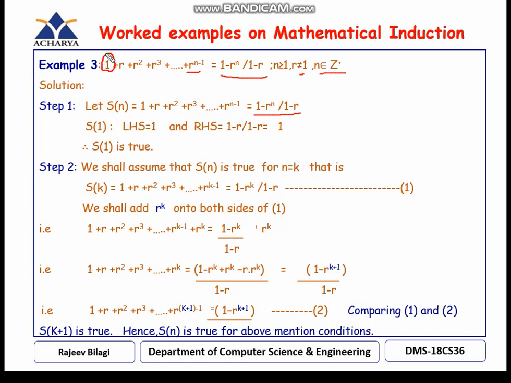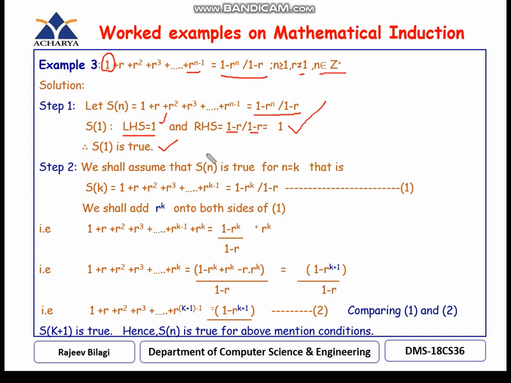LHS equals 1, and RHS equals 1 minus r to the power of 1, that is 1 minus r divided by 1 minus r, which is equal to 1. So both LHS and RHS are equal to 1. Hence S of 1 is true.